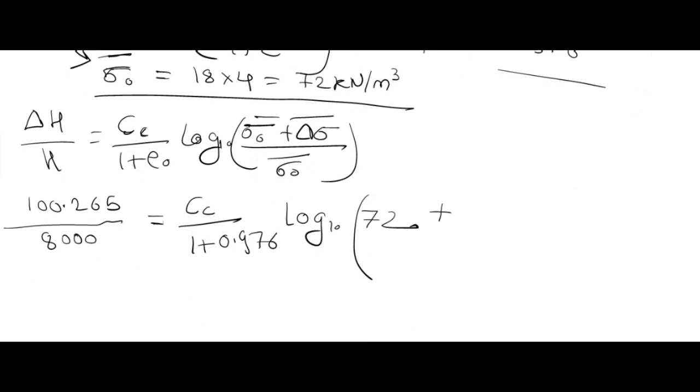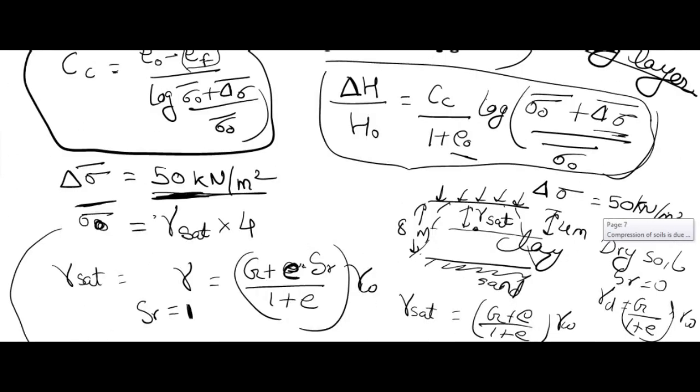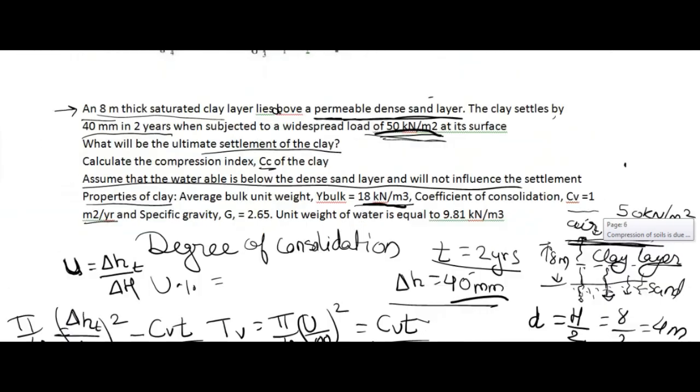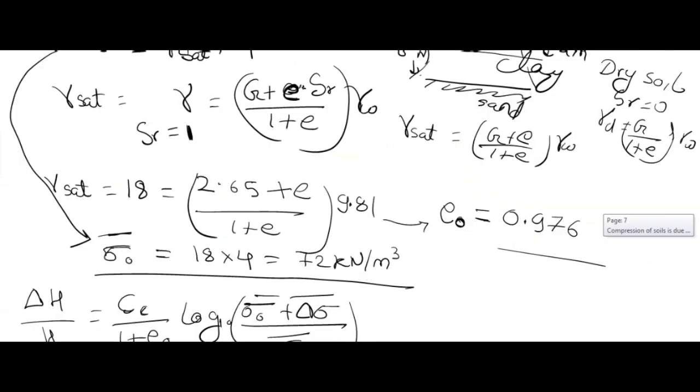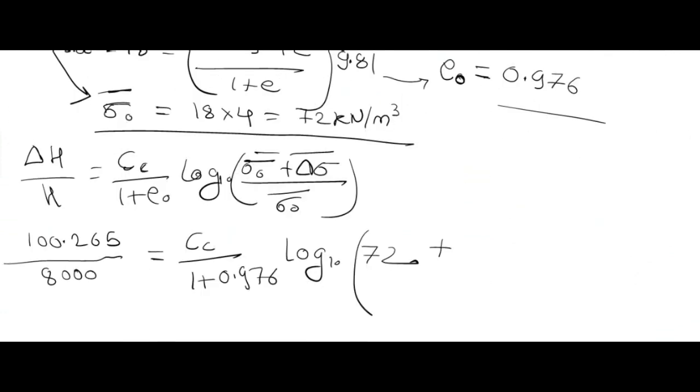Delta sigma is the stress acting on the soil, the external pressure given in the problem, that is 50 kilonewton per meter square, divided by 72. So our compression index Cc comes out to be 0.129.